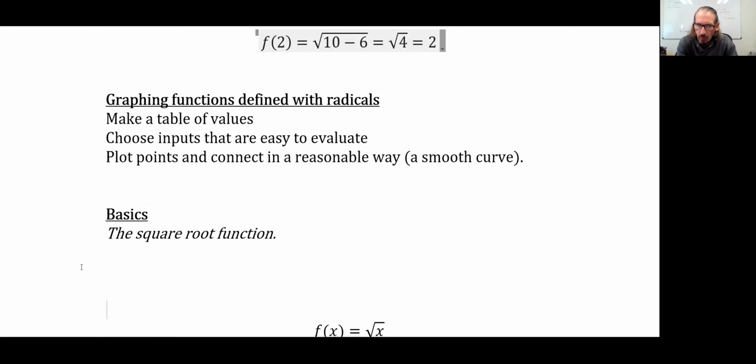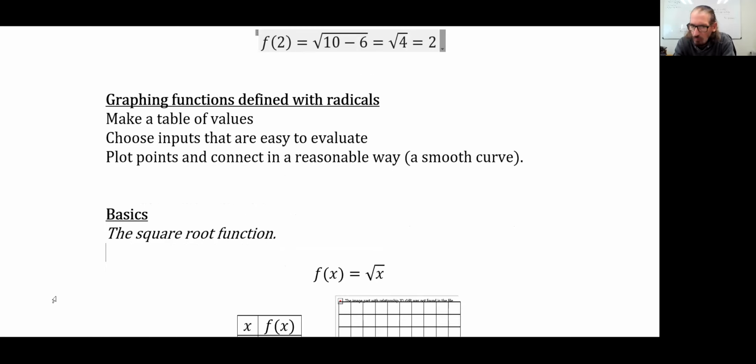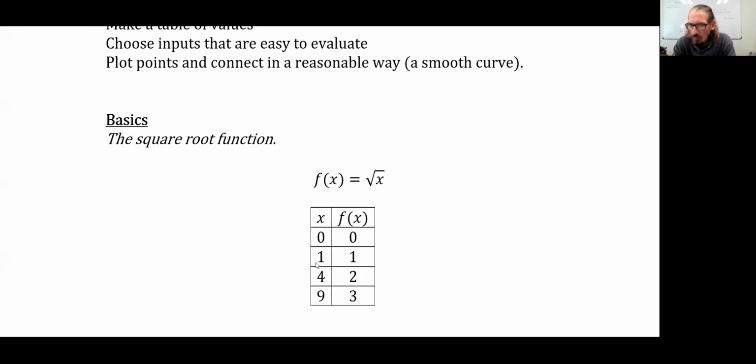So first, we're going to take a look at the most straightforward radical function, the square root function, f of x equals square root of x. Don't forget that f of x is a fancy stand-in for y. Okay, so what I've done is put in perfect squares since we are looking to graph the square root function.